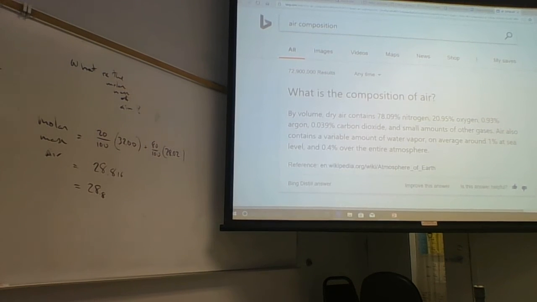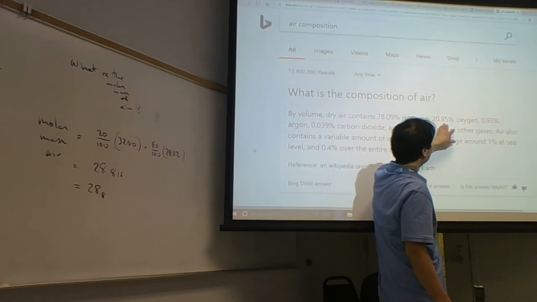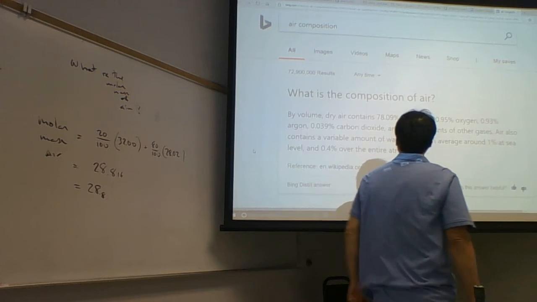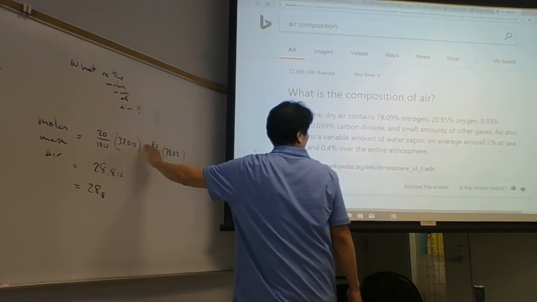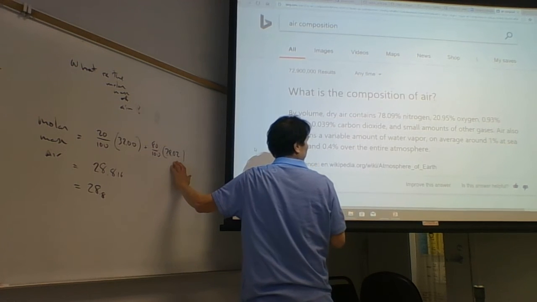If I try to get a more accurate composition, then what would it be? Because I do the same thing. What I did was I did 20%. Well, I should have done 20.95. 20.95 out of 100 would be O2. Put that here. And then over here, this should have been 78.09 out of 100 will be 28.02.